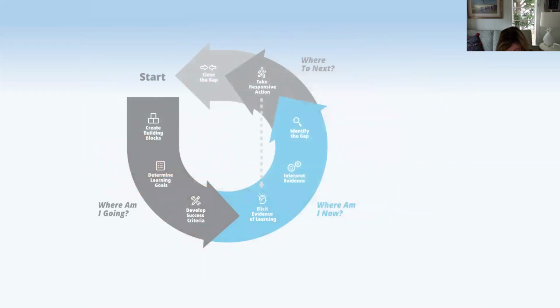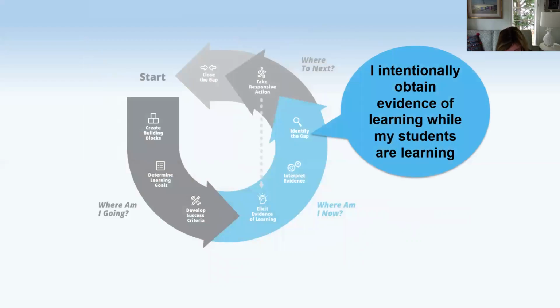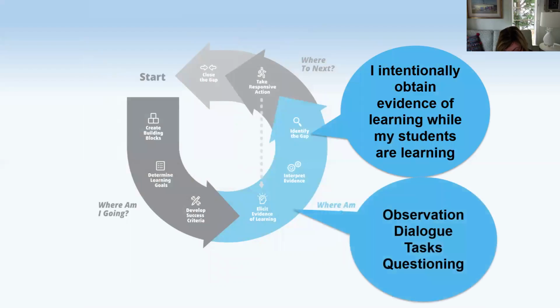the whole point of this area of the feedback loop is to obtain evidence of learning. So from a teacher's perspective, the teacher is intentionally planning how he or she is going to obtain evidence of learning while the students are learning. And as we mentioned previously, there's not one single way, but it's done during the learning activities, through observation, through dialogue, through the learning tasks the students are involved in, and through questioning and discussion.